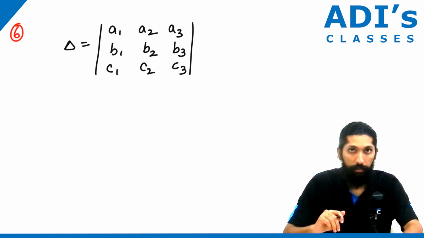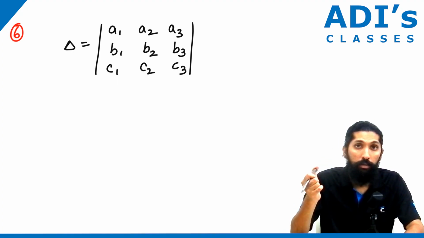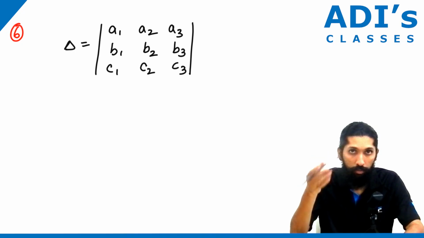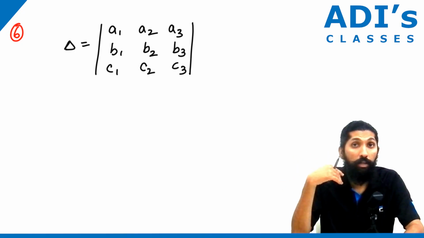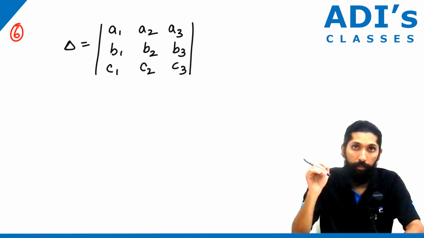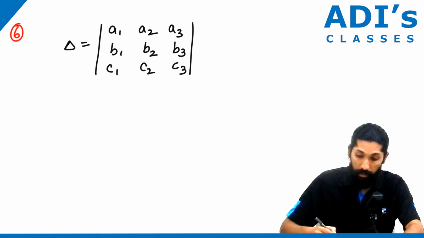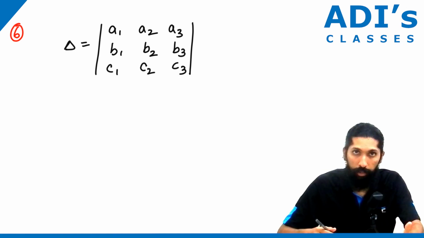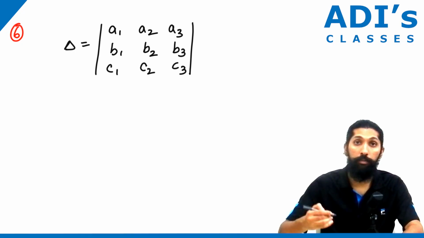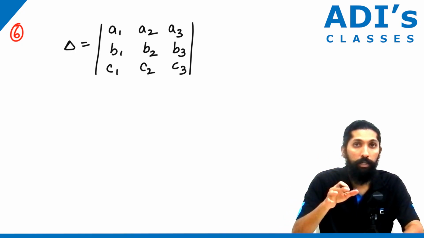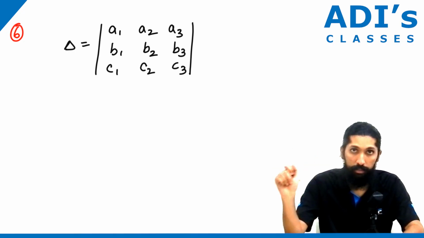This law tells you that you can add or subtract 2 rows, or 2 columns, with any constant added or multiplied to it. We can do row and column transformations, as in the last chapter, and the determinant value remains the same.